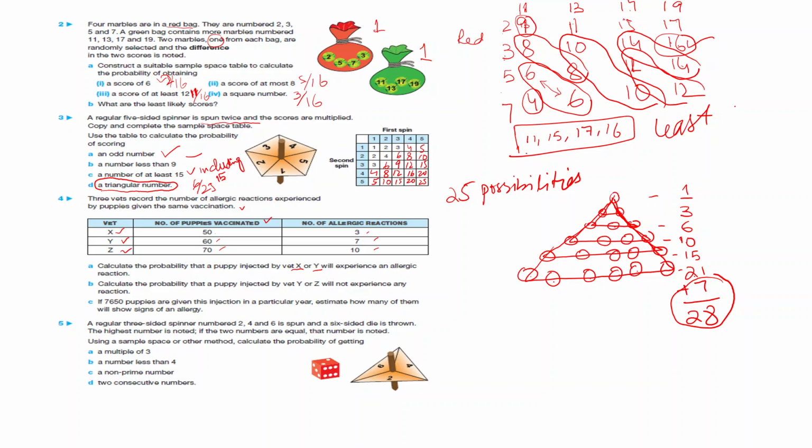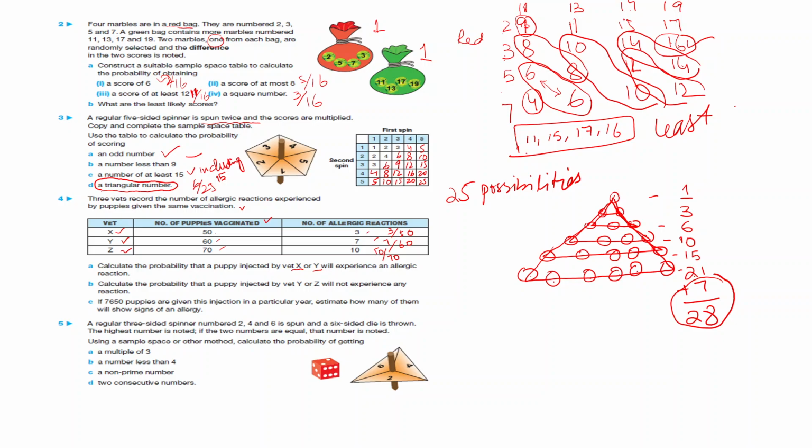So the probability of X or Y. Here, first the probability of X is 3 out of 50, and the probability of Y is 7 out of 60, and the probability of Z is 10 out of 70.